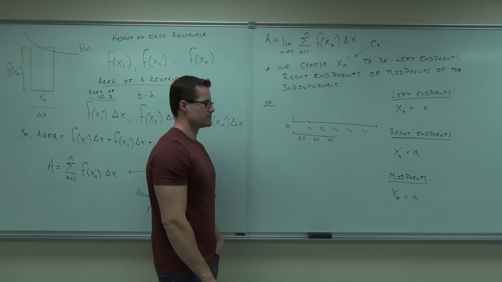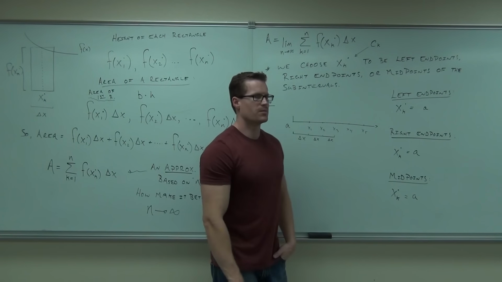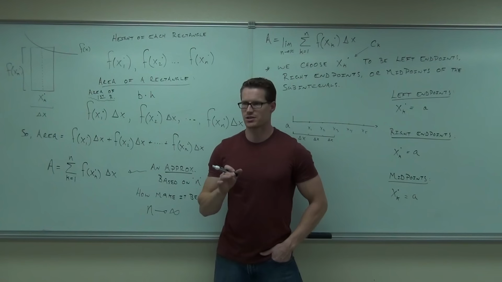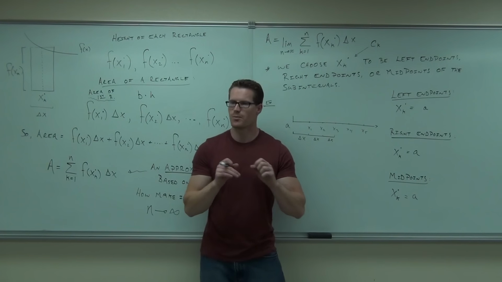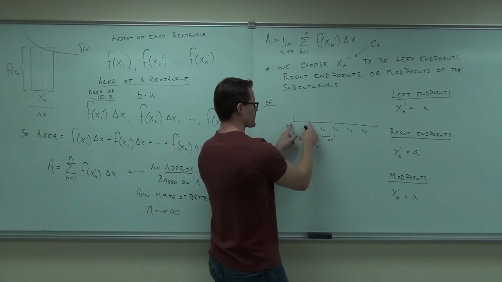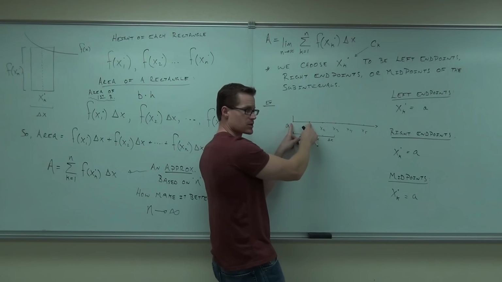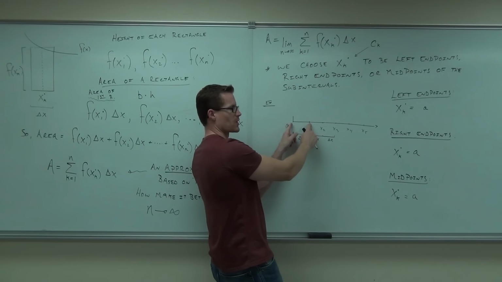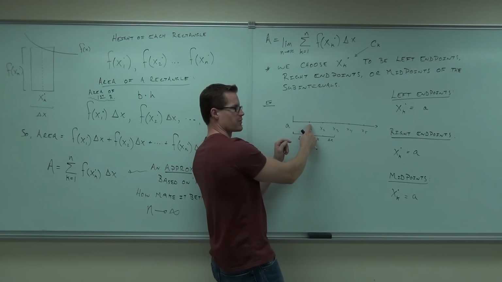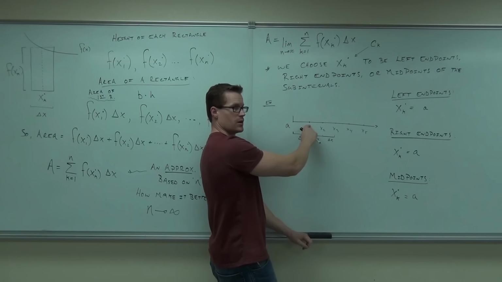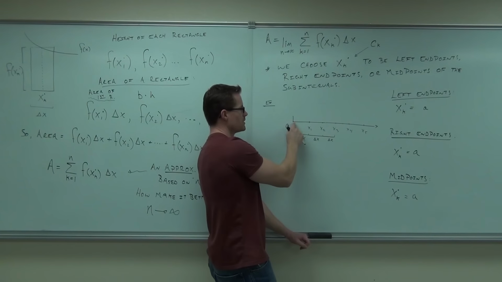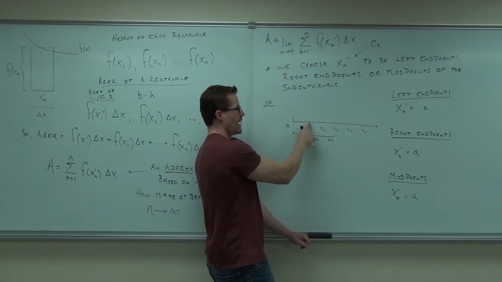We start at A. Let's say that I wanted my endpoints to start at the right of each subinterval. So for right endpoints, do I want to start here for my very first one, or here for my very first one? This one. So I'd have to add something to get from here to here. What am I going to add? It's already on the board.